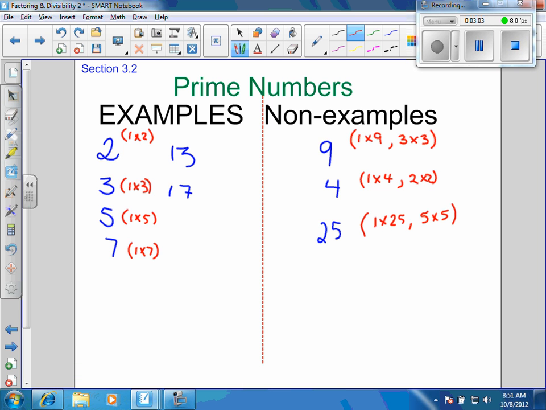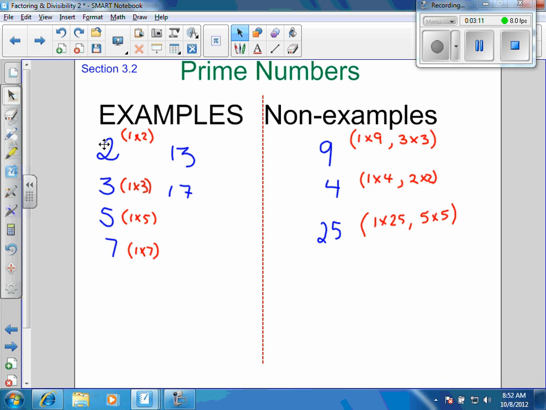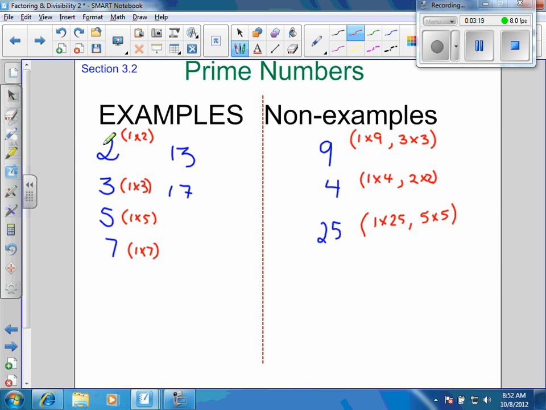1's the exception because the definition of a prime number is a number that has 2 factors, 1 and itself. So they have to be different factors. So a prime number, we'll write that up here.